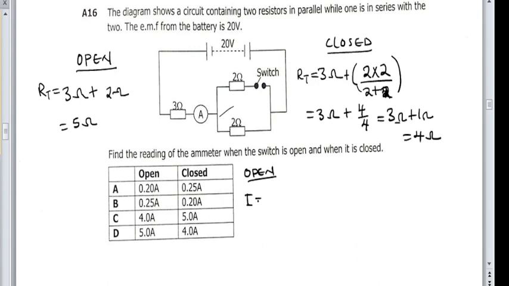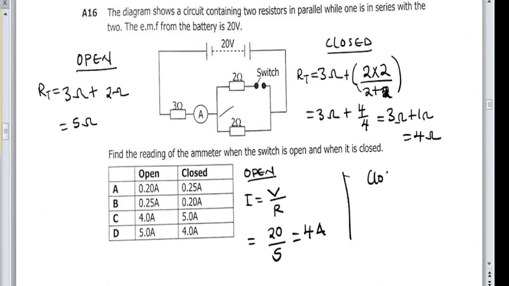So current is equal to voltage over resistance. The voltage is 20 volts. Then the resistance, when it is open, is 5 ohms. So 20 divided by 5, we have 4 amps. So that is when it is open.